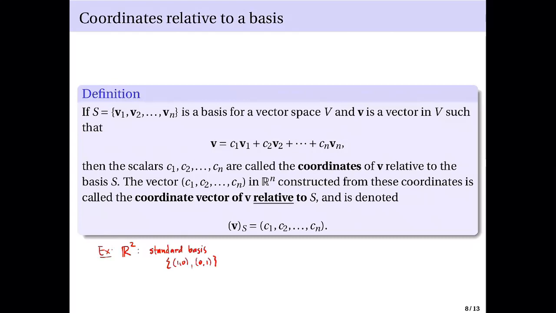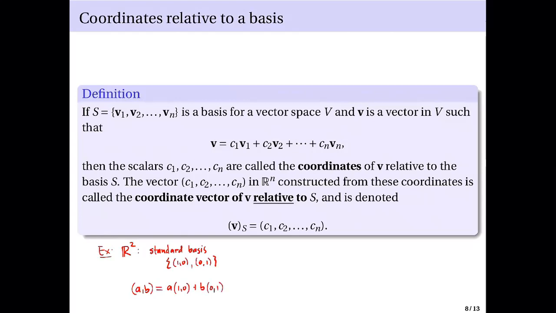These are your i and j. So if you get an element in R2, a, b, you can write this as a(1, 0) plus b(0, 1).